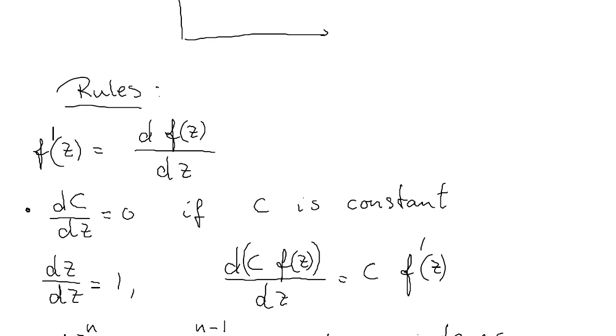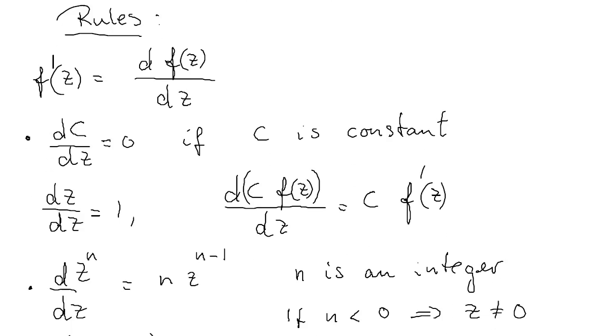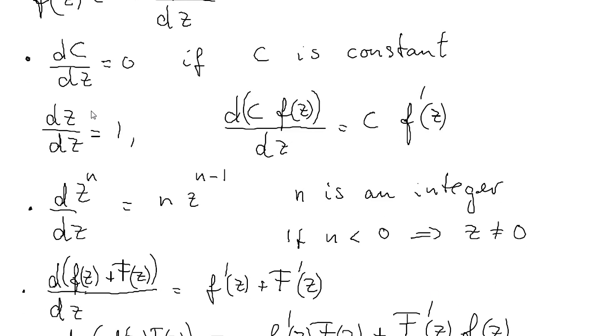This is exactly as in the real case. Moreover, the derivative of z with respect to itself is equal to 1. The derivative of a constant multiplied with a function f of z is always equal to the constant multiplied with the derivative of f.